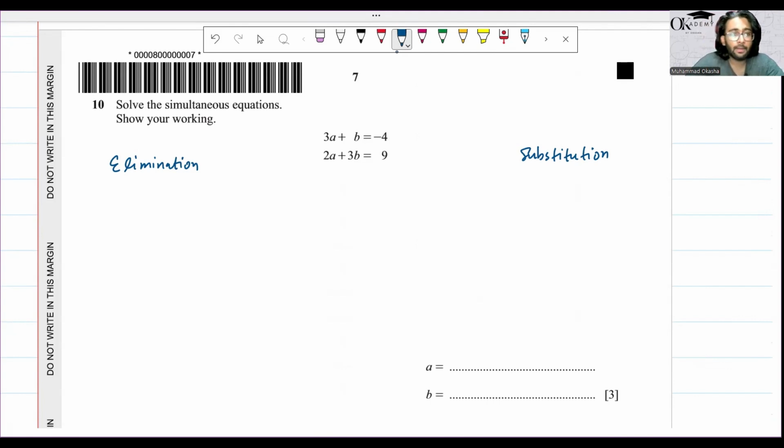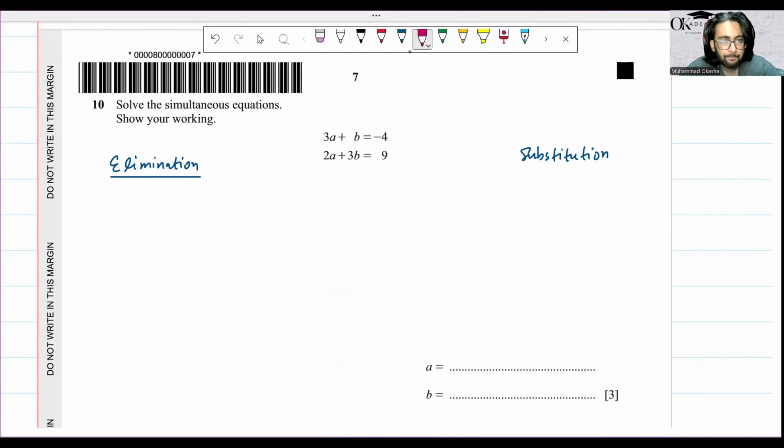Right, so in elimination, I will eliminate a variable. Think about this for a while. Which variable sounds like an easy target? We have 2 equations: 3a plus b equals -4 and 2a plus 3b equals 9. Which variable sounds like an easy target?